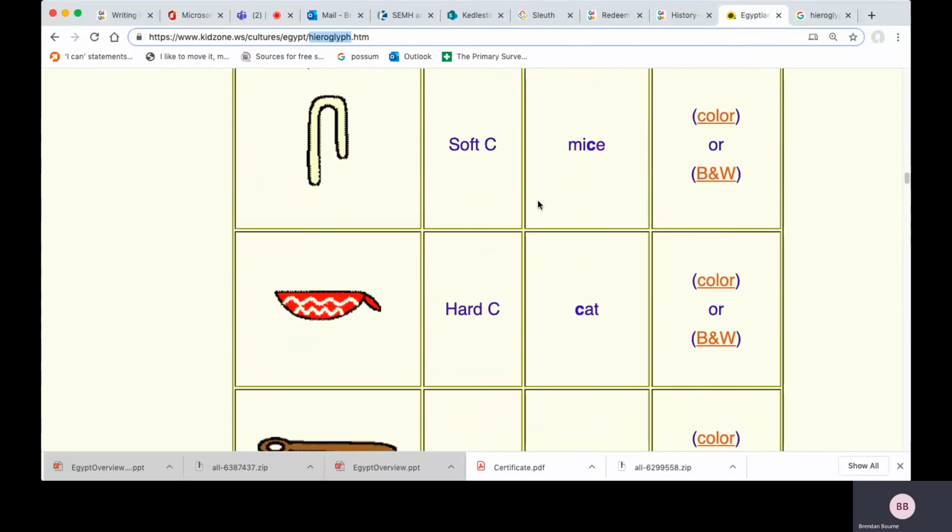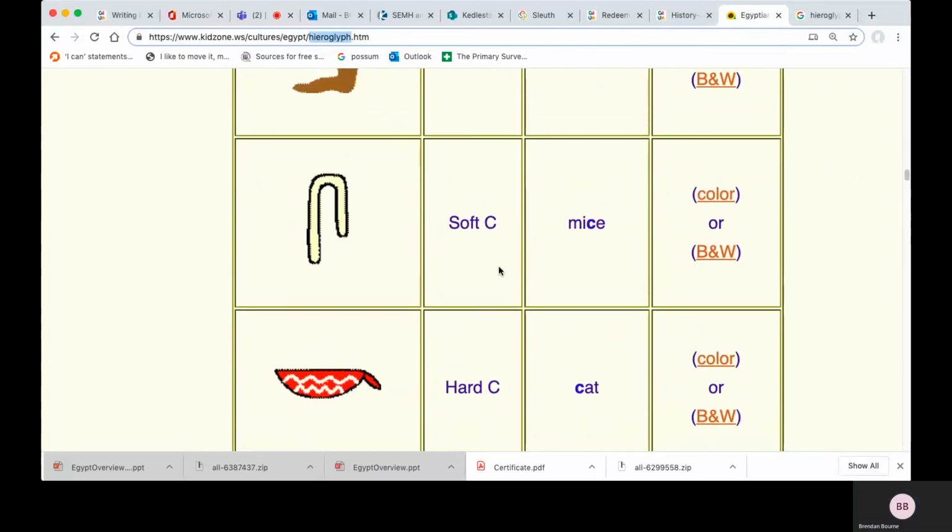And the last one we're going to have a look at today is this picture here. So when we see this picture, the ancient Egyptians used this picture to represent the sound of a soft C. So S, which is similar to the S sound that we can see.